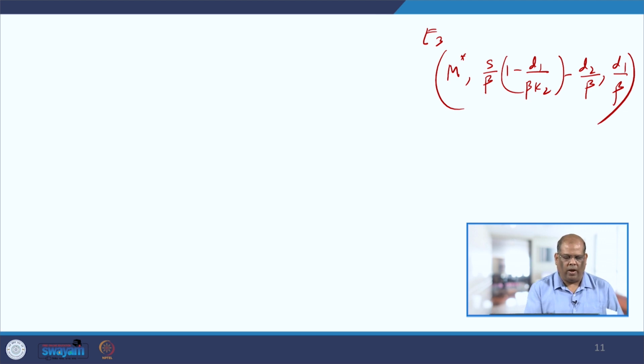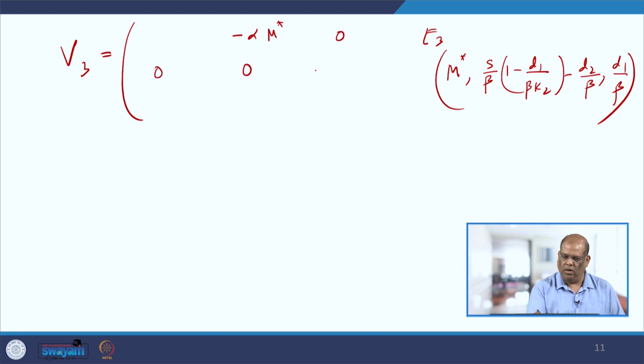The Jacobian matrix V3 will be given by minus alpha m star, this is 0 0 0 s 1 minus d1 by beta k2 minus d2 0 minus d1 minus s d1 by beta k2.